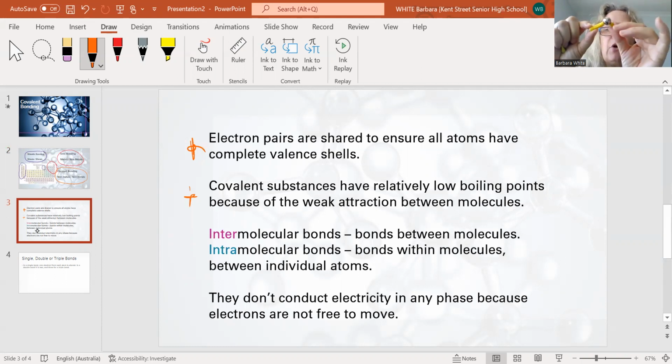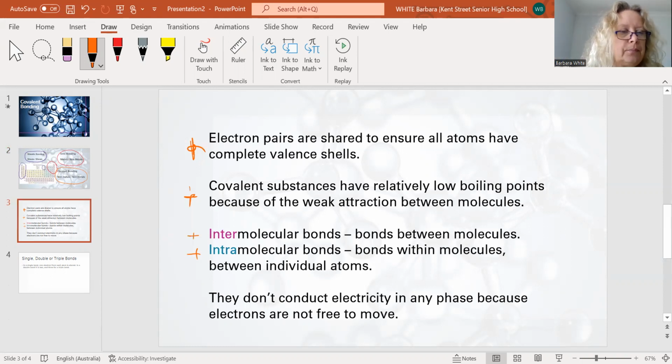They're only broken when there's a chemical reaction and those bonds can break apart. So you will be asked to distinguish between inter and intramolecular bonds. So make sure you understand the difference between those. And covalent substances don't conduct electricity in any phase because the electrons can't move around. The electrons are all tied up in these shared bonds.